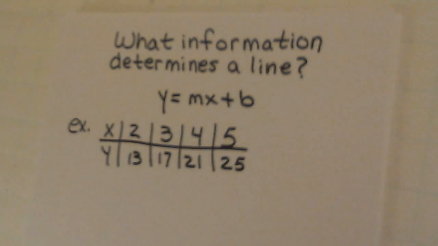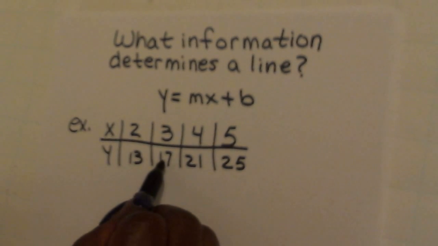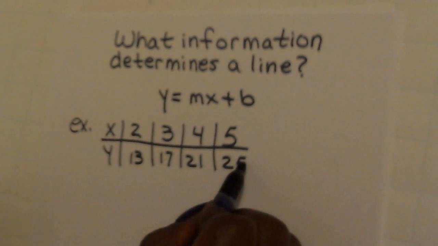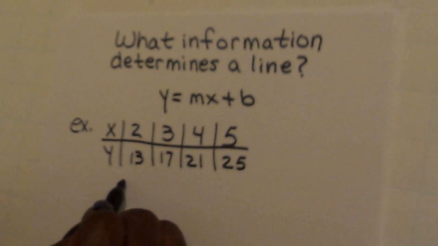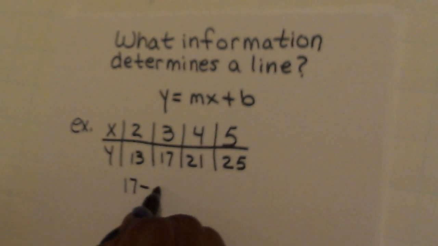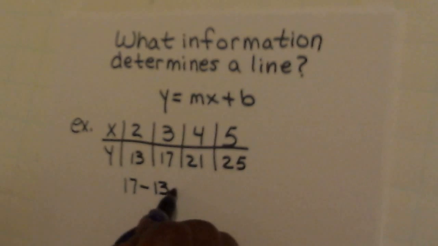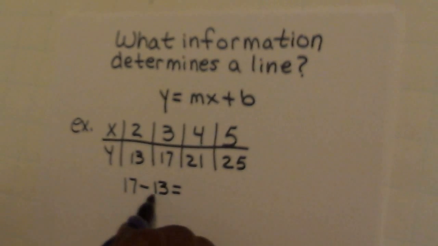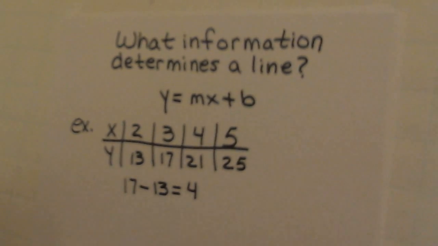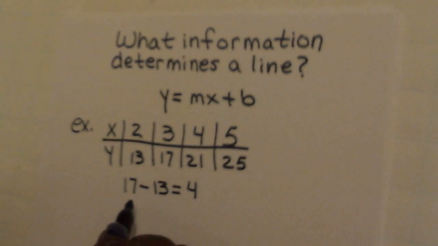First, you find the slope. The best way to do that is to take the second number in your y row and subtract the first number. 17 minus 13 is 4. Now we're going to check to see if we get it again.